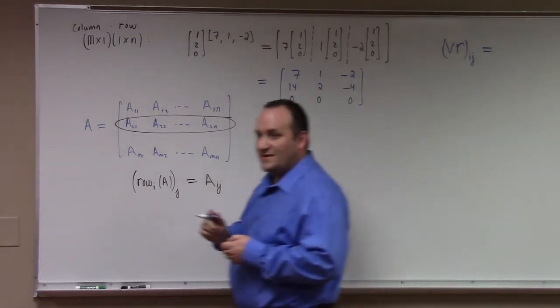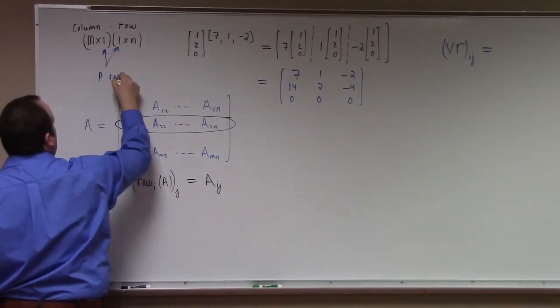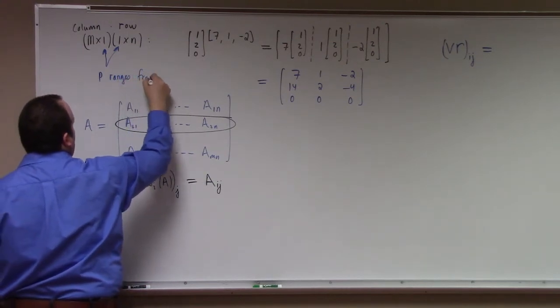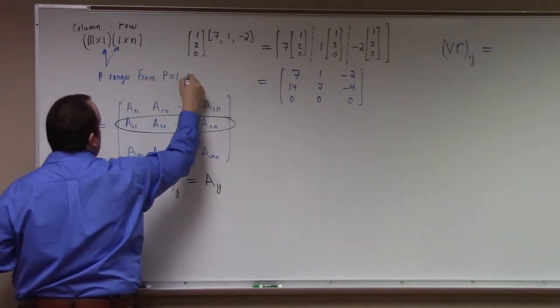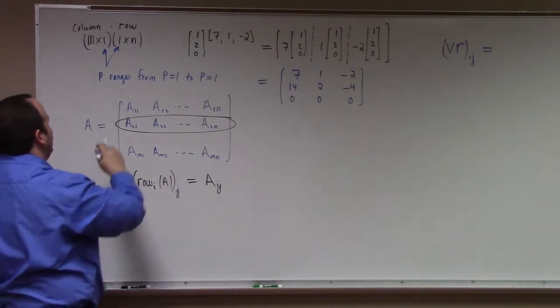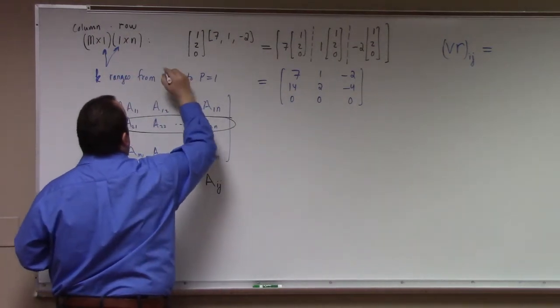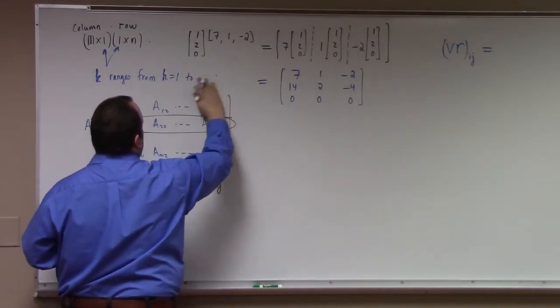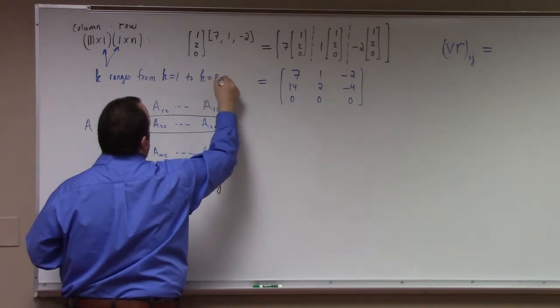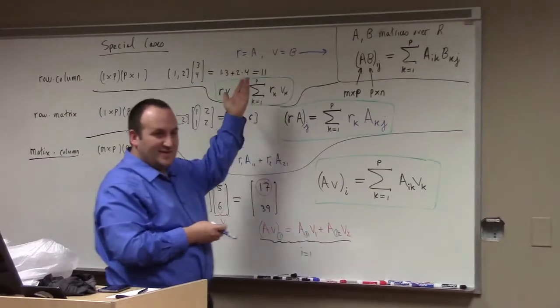The funny thing is that K, which I've been using for the summation, ranges from K equals 1 to K equals p equals 1. The point is, K just sums over one value. So there is no sum in this case.